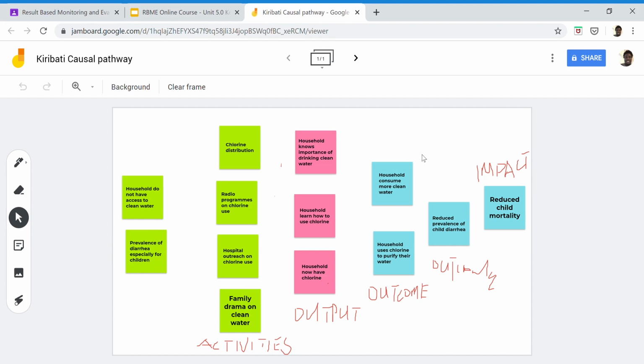And in Unit 4, we were able to assign the result chain to our theory of change. So in Unit 5, what we will be doing is to now develop key indicators based on elements of our theory of change, for example, for each of these.